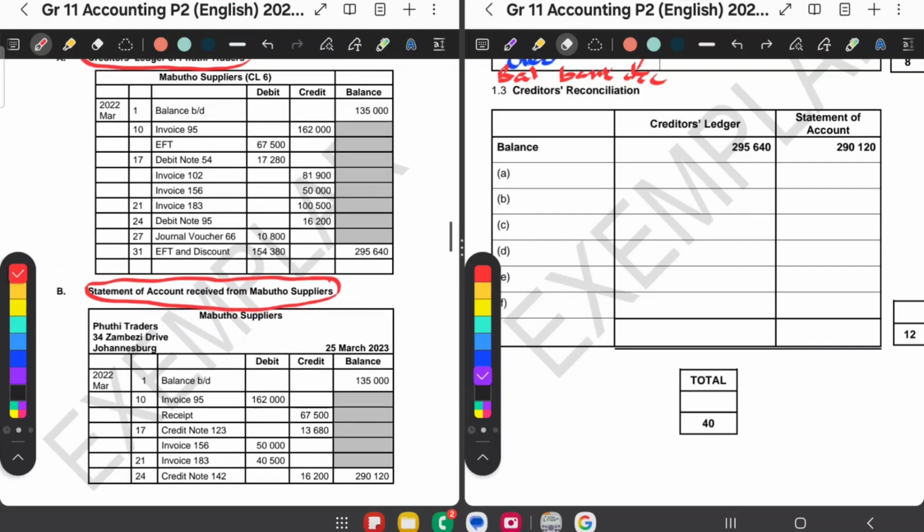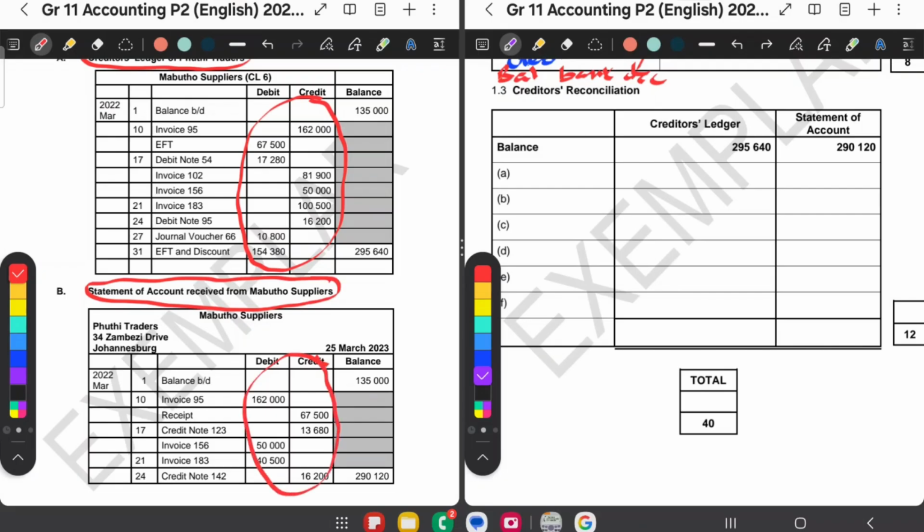Here, the first thing you must notice is they put the balances in for you. So this balance over here in the ledger is this balance over there. Then this balance over here, at the end, is this balance over here. So you must start with the balances, but they filled it in for you. Next thing you must remember, everything that appears here should appear here.